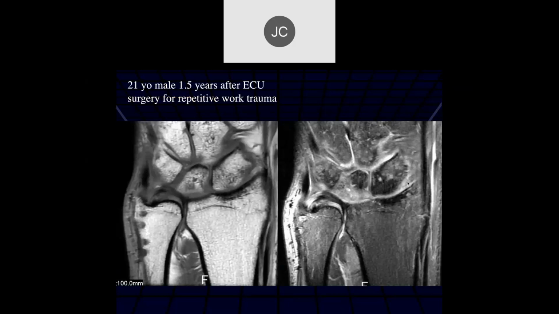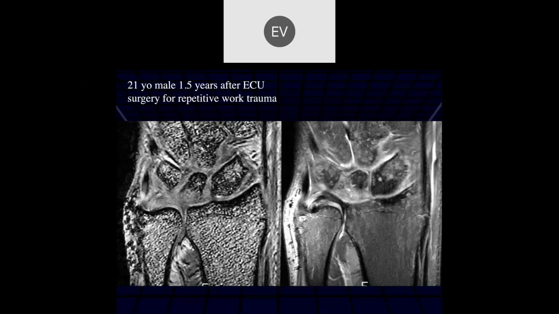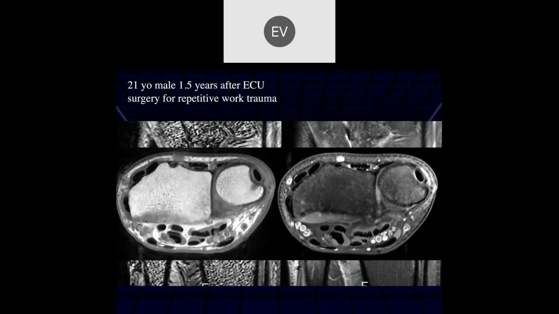Elior. 21-year-old male, 1.5 years after ECU surgery for repetitive work trauma. Yeah, we see along that distal ulna, maybe some suture anchors there. The tendon maybe is being tacked down.